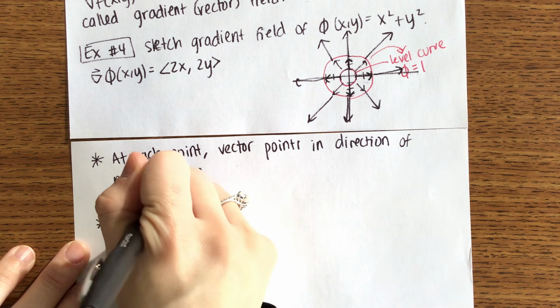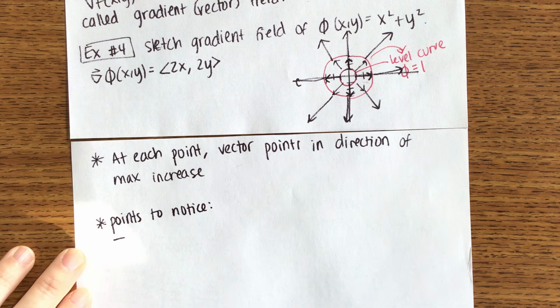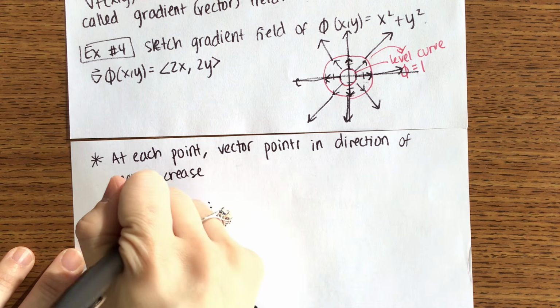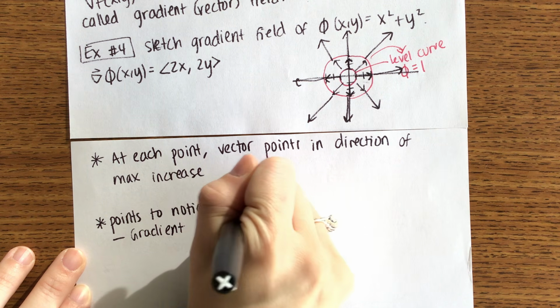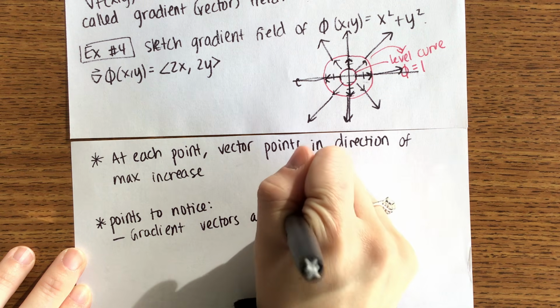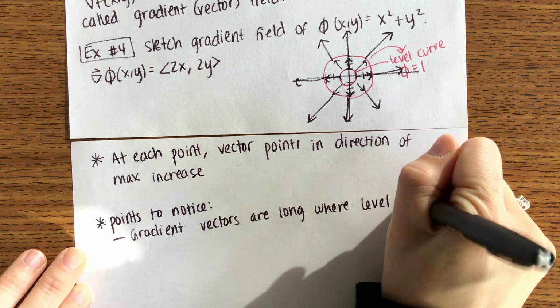And a few things for us to notice. First one is that the gradient vectors are long where the level curves are close to each other.